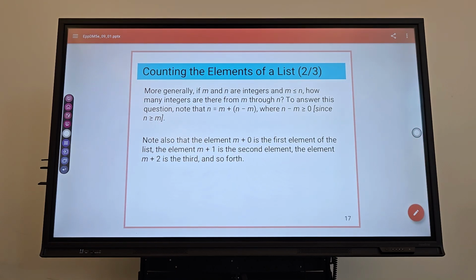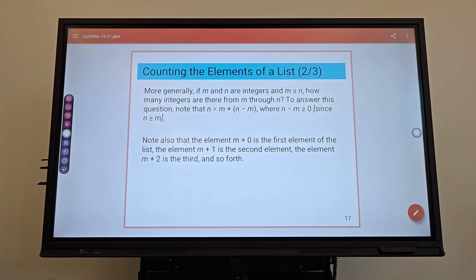More generally, if m and n are integers and m is less than or equal to n, how many integers are there from m through n? To answer this question, note that n = m + (n - m), where n - m is greater than or equal to 0.